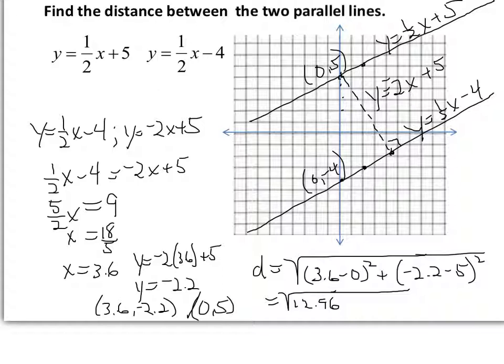Negative 2.2 minus 5 quantity squared is 51.84. Okay, so add that to 12.96, and we have the square root of 64.8. The decimal approximation for that is, let's see, 8.05. So 8.05 is our distance between those two parallel lines.